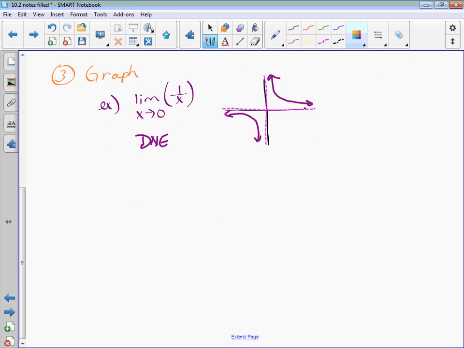All right, then your last strategy is to just look from the left and look from the right. So find the limit of f of x as x approaches c from the left, and find the limit as x approaches c from the right. So you could do that graphically, or you could substitute in values very close to c.